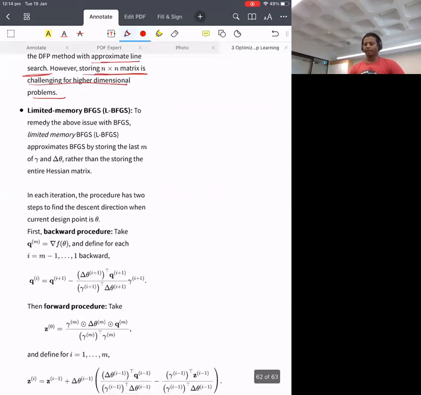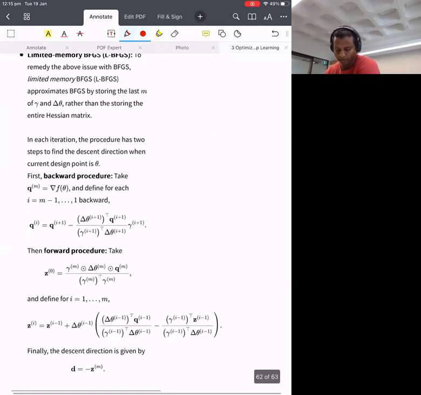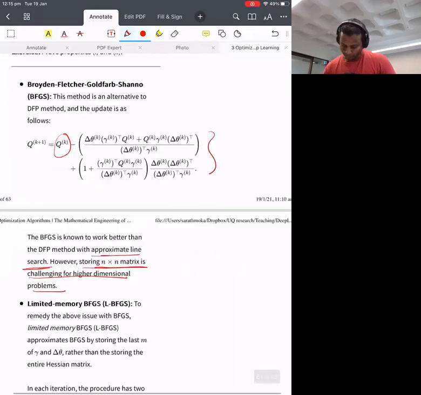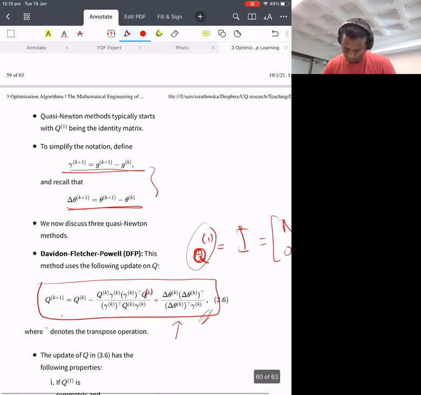It's called limited memory BFGS. It is a modification to the previous method. Instead of actually storing QKs and updating them, it does it in a clever way. There are two steps here: a backward procedure and a forward procedure. In the backward procedure, we compute a sequence of vectors. Let me recall these two definitions.